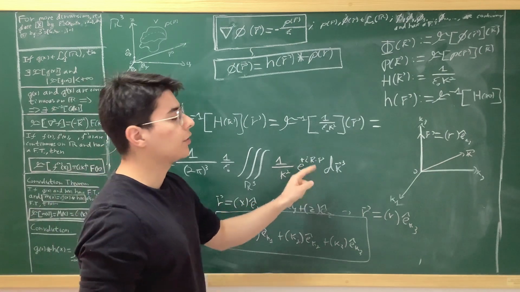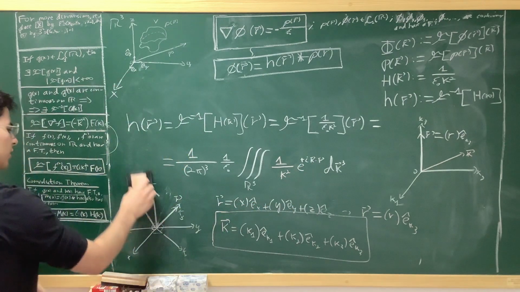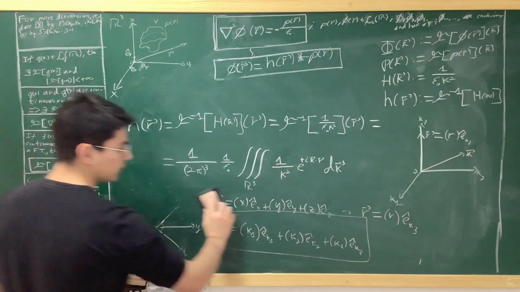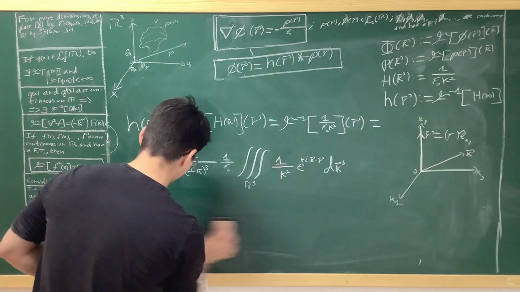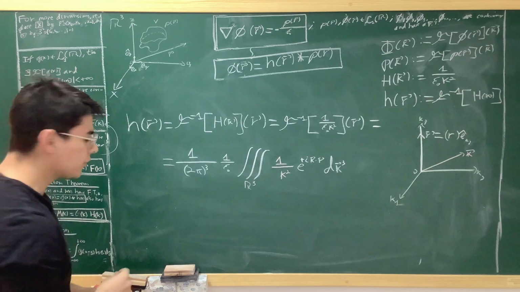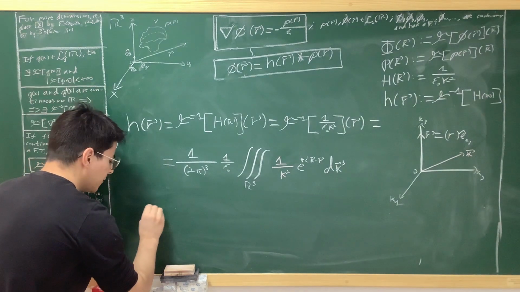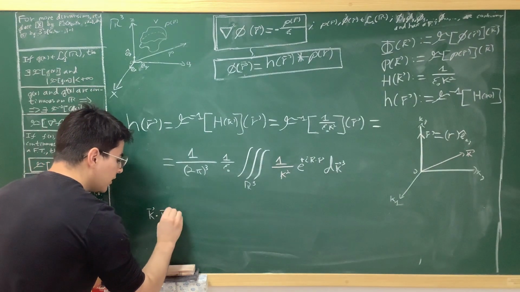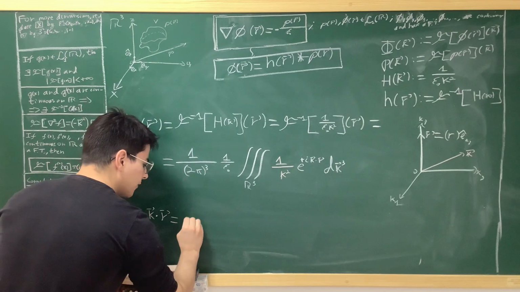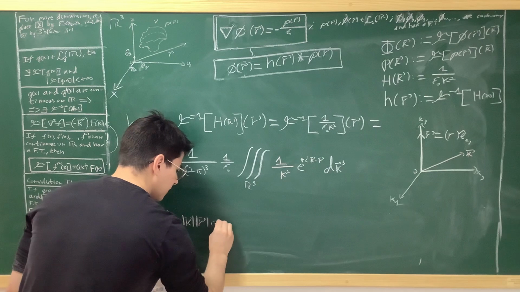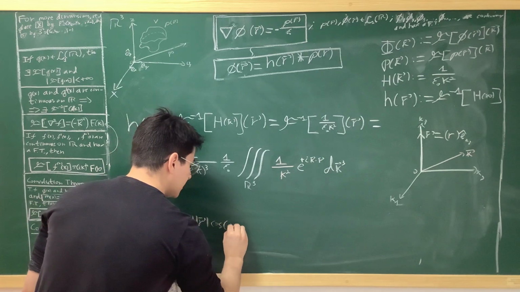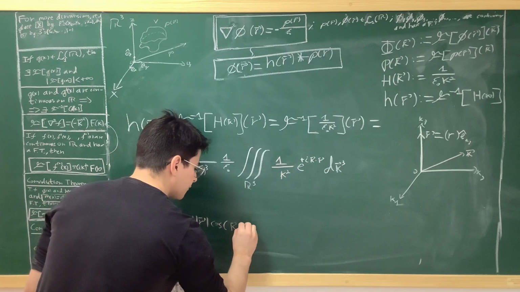First of all, what is this dot product? Let me just erase all of this. This dot product, as I said at the beginning of the video, can be written as the modulus of k times the modulus of r times the cosine of the angle between k and r.